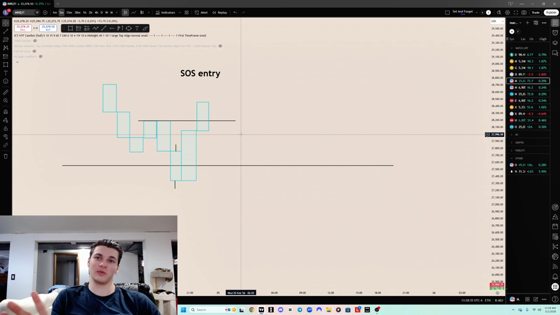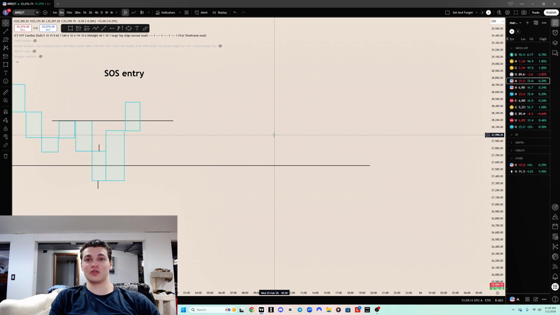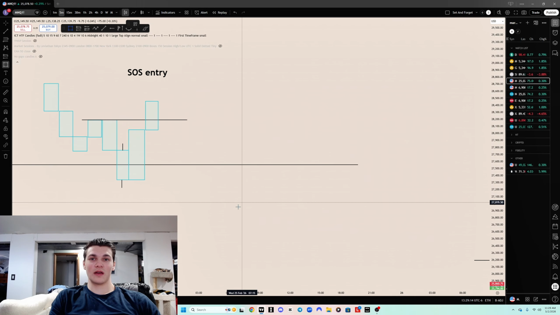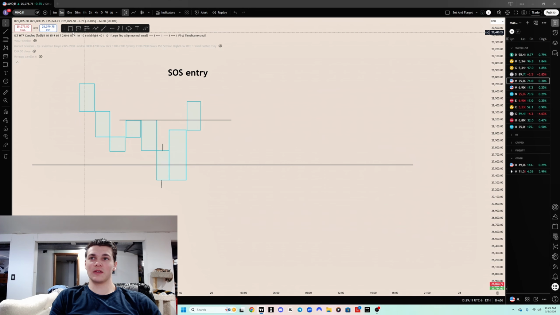I know the drawing's a little bit weird, but candles are going down, not cleanly. They're creating little structure points, and you want to wait for that structure to finally shift from bearish for a bullish entry. Or if you're wanting to do a sell, then you're going to see candles creating bullish structure into your POI.